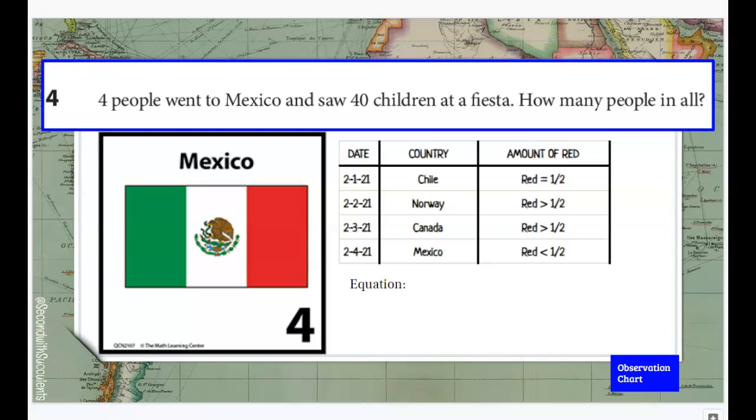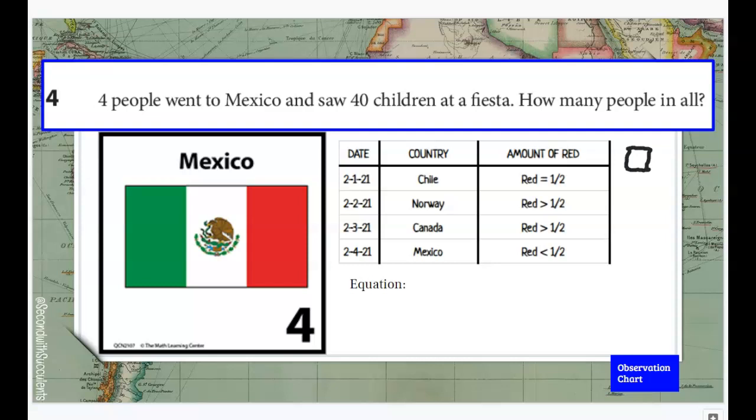Remember, just listen for the first read. 4 people went to Mexico and saw 40 children at a fiesta. How many people in all? Remember, think about what the problem is asking you and write a box in your equation for where the answer should be.